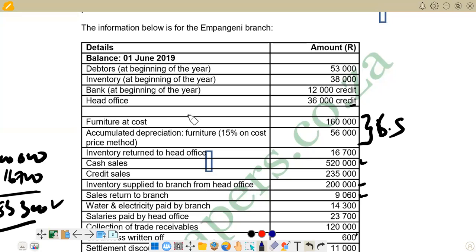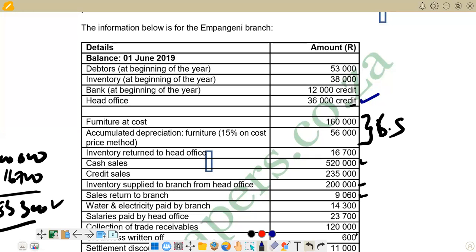So we have got this balance of 36,000. We were also supposed to indicate it in the Impangen branch account as the opening balance of 36,000, which is head office 36,000. We expect that this opening balance in the head office is the same balance that we are going to start with in the Impangen branch account.